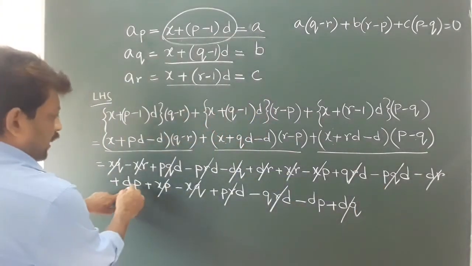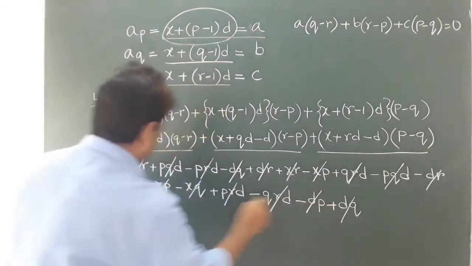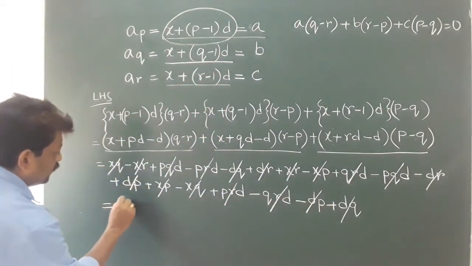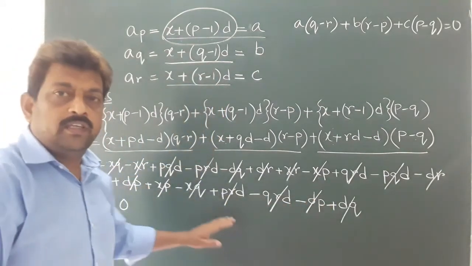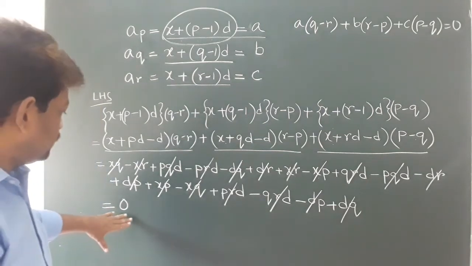Anything left? Plus dp minus dp cancelled. So you can see the whole thing has been cancelled and the result is 0.